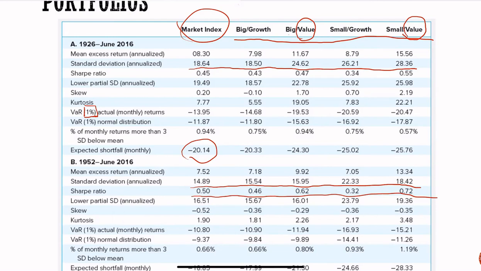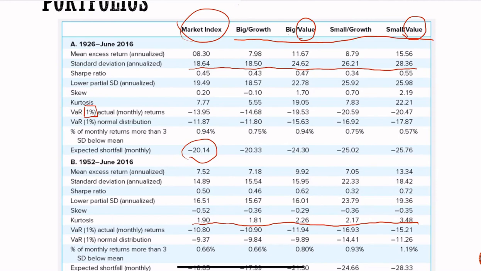And what about skew? Skew actually becomes negative. However, you can see that it's still a very small number, which means that again, actual returns are roughly symmetric. We also have this nice thing, that is kurtosis becomes smaller. This basically means the tail of the actual distribution becomes less fat after the 1950s, right?